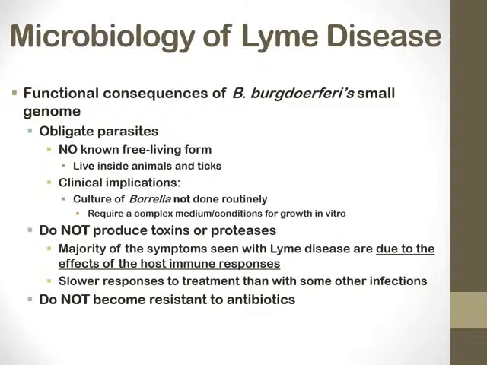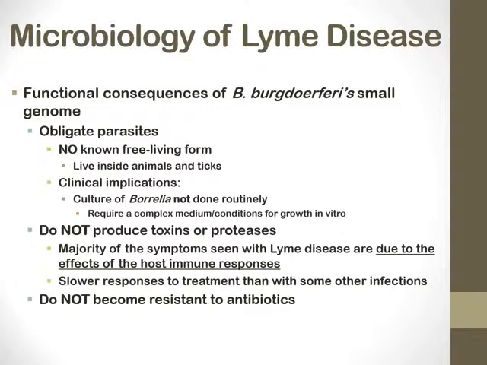First, the spirochete lacks certain biosynthetic pathways to live freely in the environment. Therefore, it lives only inside animal cells as a parasite. The clinical implication is that culture of the organism is not simple, and routine cultures that we perform, such as blood cultures or wound samples, will not grow this organism.